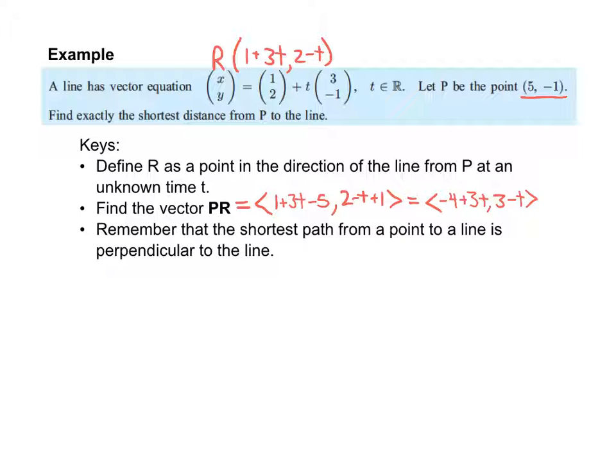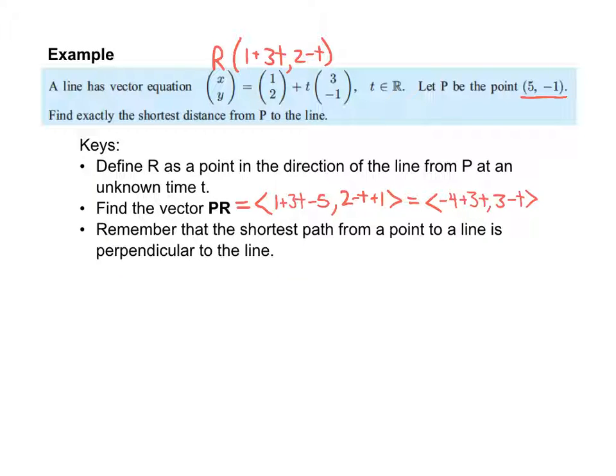Now, the shortest path from a point to a line is perpendicular to the line. So what direction is the line going? What's our direction vector? B. Okay, so what's B in this case?